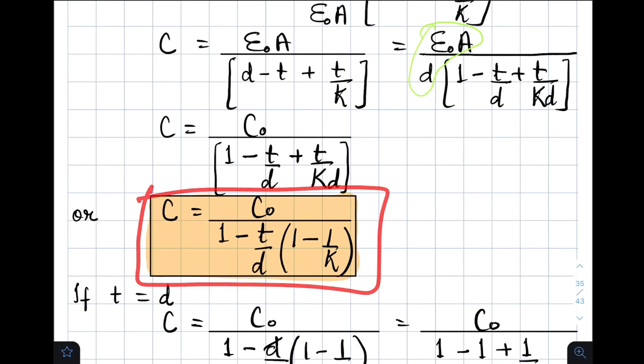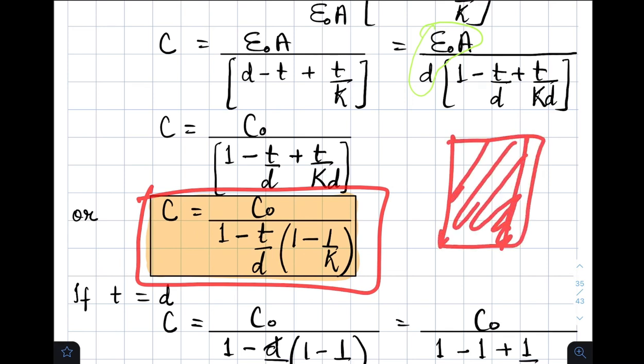But what if the dielectric was completely filled, like this is our dielectric and it is completely filling this?